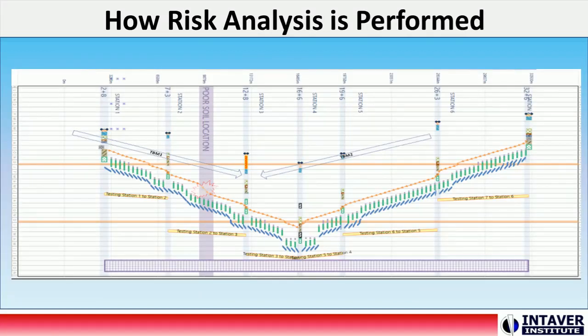A Monte Carlo risk analysis is performed on the schedule by importing the schedule into Monte Carlo simulation software. The data includes activity parameters such as start time, finish time, duration, and resources. Then risks with probabilities in schedule and cost impacts are assigned to activities.